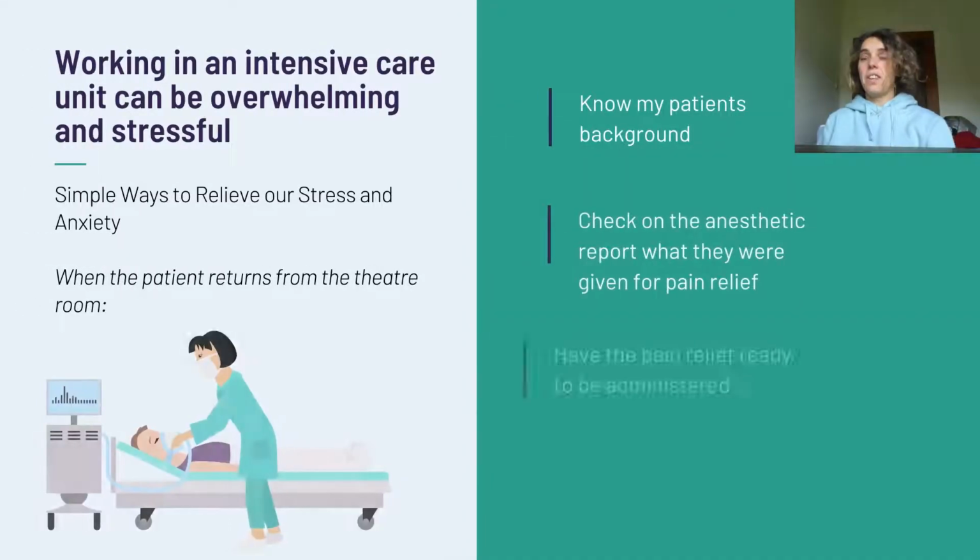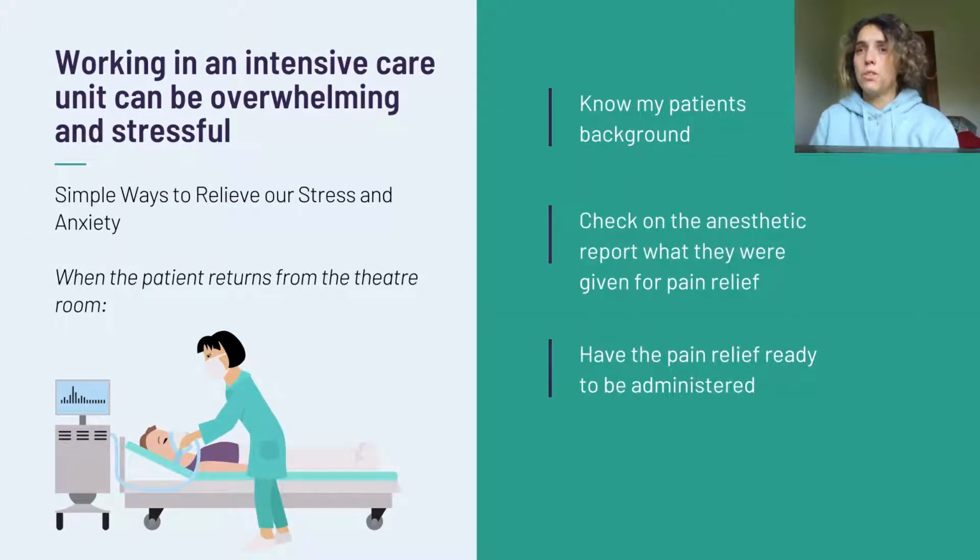Working in an intensive care unit can be overwhelming and stressful, so we can do a few things to reduce our stress and anxiety, to provide better care to the patient and to minimize mistakes as well. When patients come from the theatre, I like to know the background of the patient.